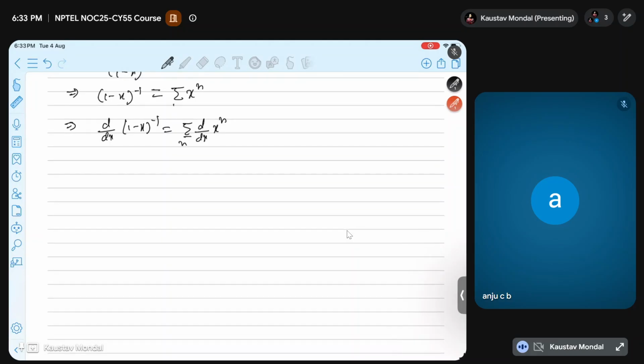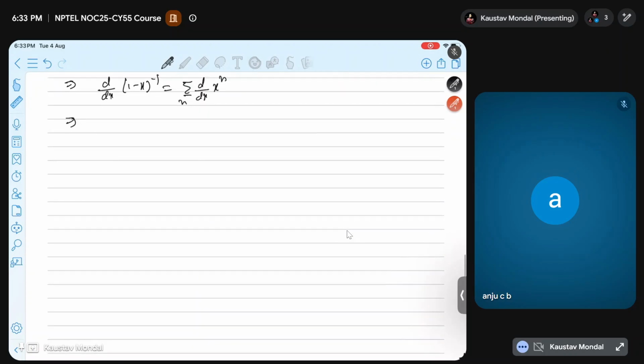After doing the derivative, you get 1 by 1 minus x whole square equals the summation over n of n into x to the power n minus 1.